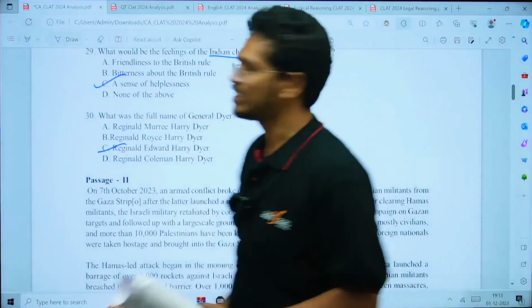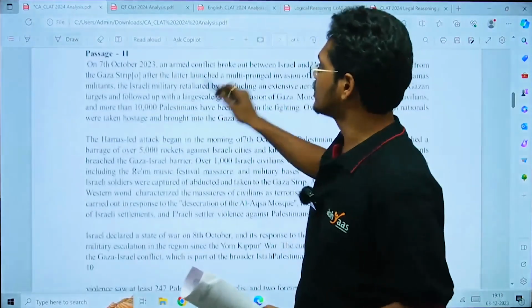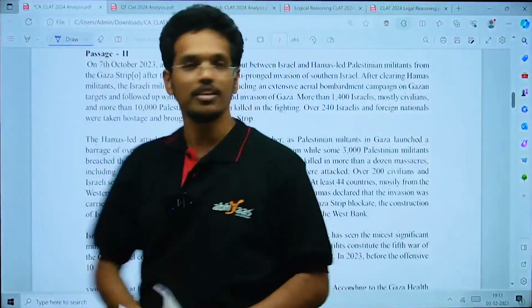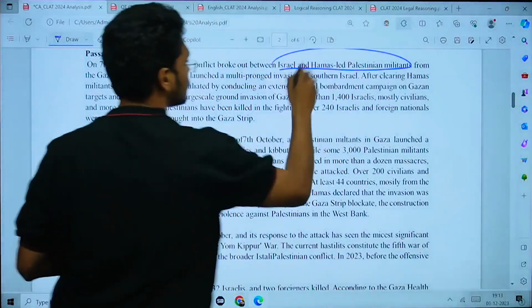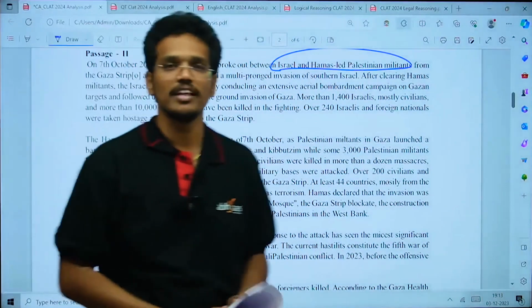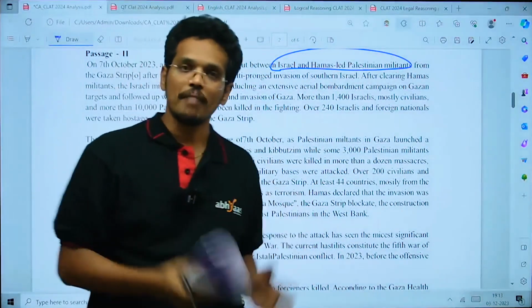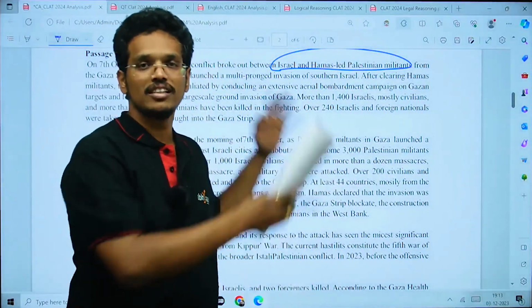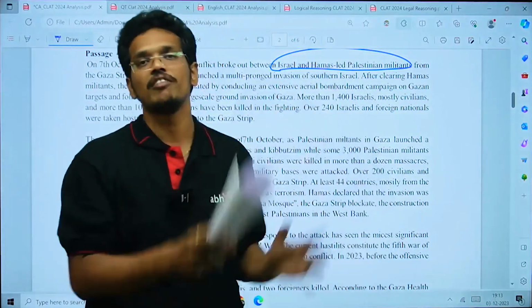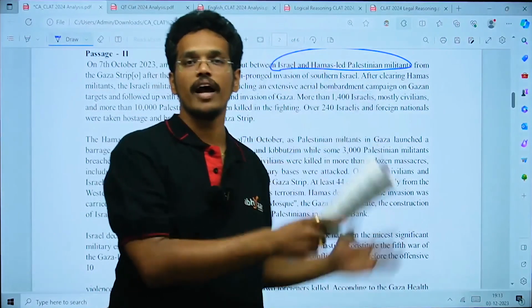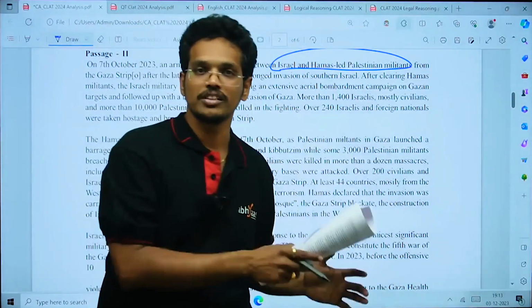So this is about the first passage, and coming to the second passage, it is from the news. It is about the Israel-Palestine issue. In our Abhyaas LawPrep, we have discussed this particular passage in detail, and all these questions have been repeated in our Abhyaas mock test and our classroom discussions.